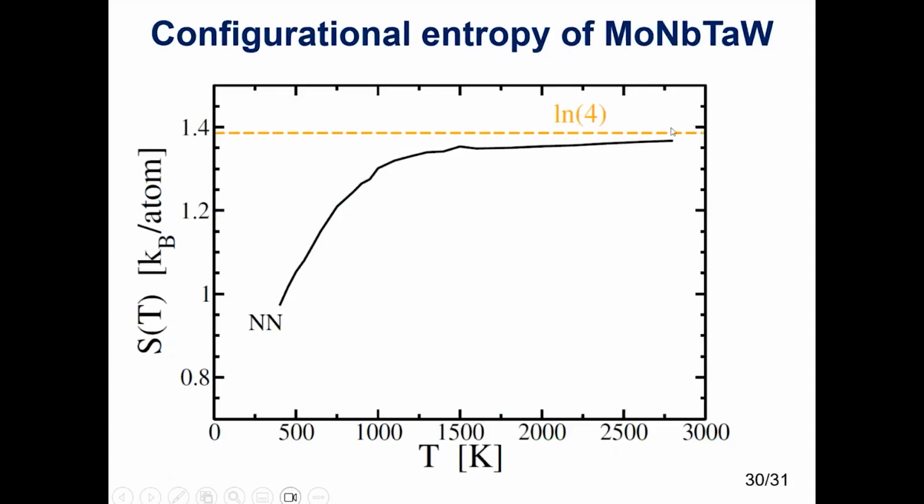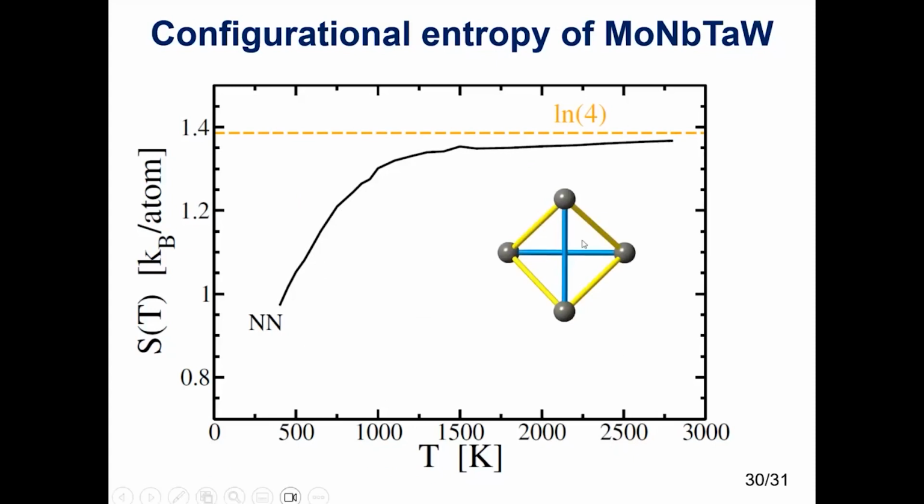So in the limit of high temperature, the entropy should approach random mixing, which is log 4. But if we then include the entropy reduction due to nearest neighbors, we see that even at high temperature, there is a small loss of entropy due to the weak correlations that we had observed in our calculations. But the entropy loss accelerates at low temperature.